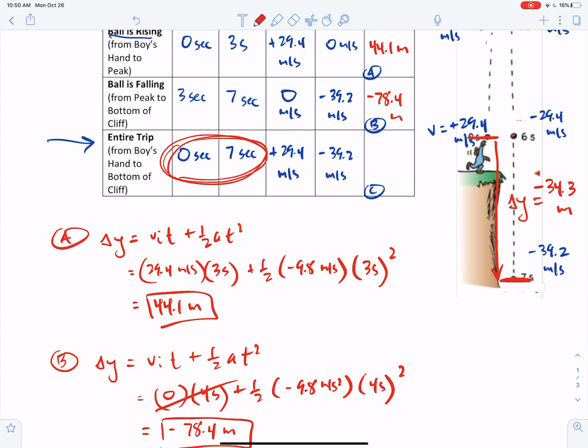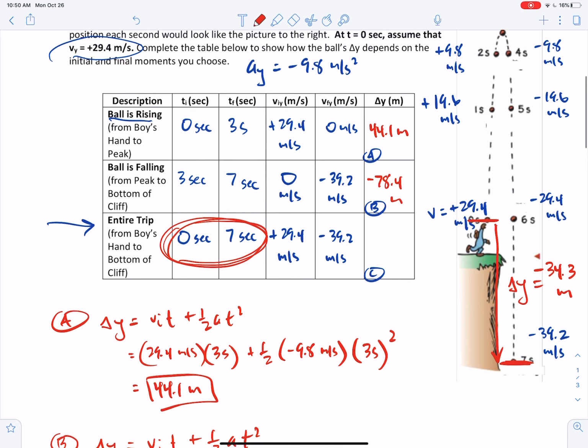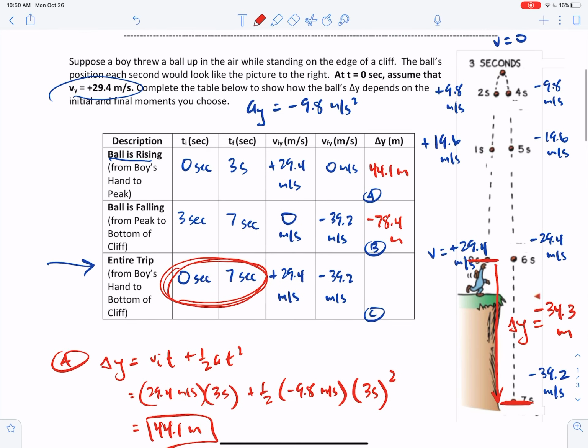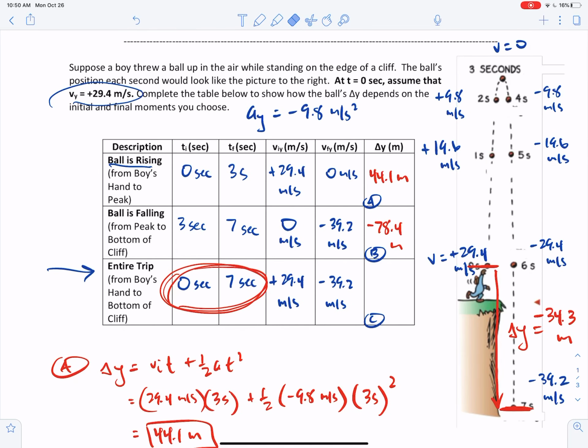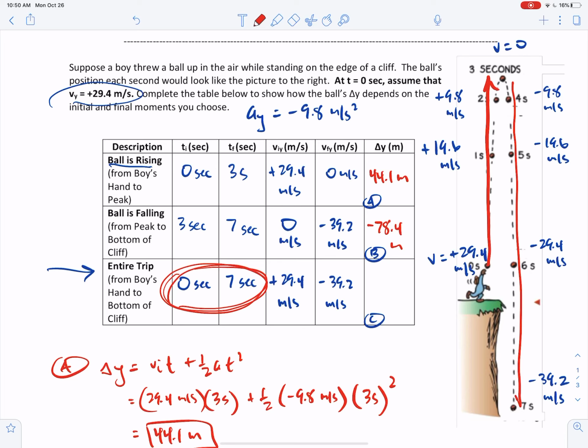Is there a more conceptual way that I could have gotten this answer? For sure, because I already knew how high the ball rose, right? I already knew this delta y, and I already knew this delta y. So couldn't I have just subtracted them? For sure.